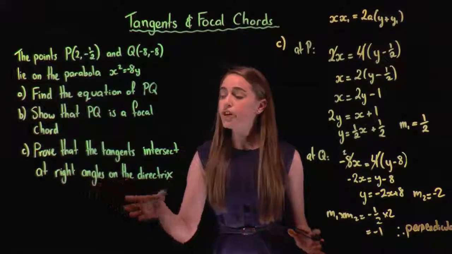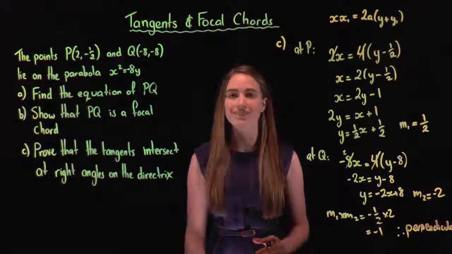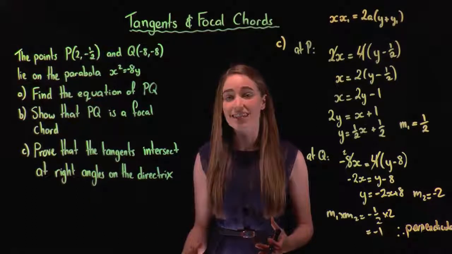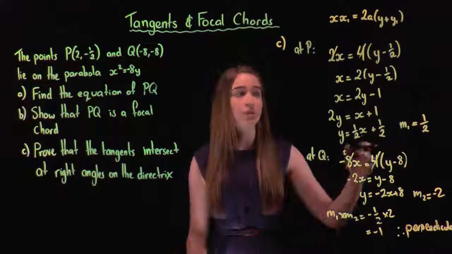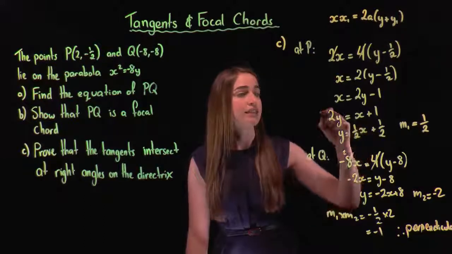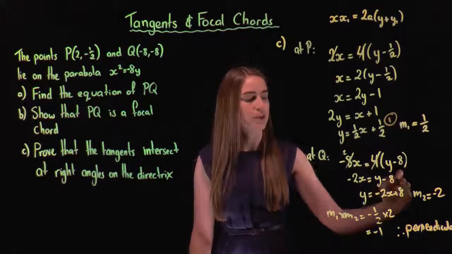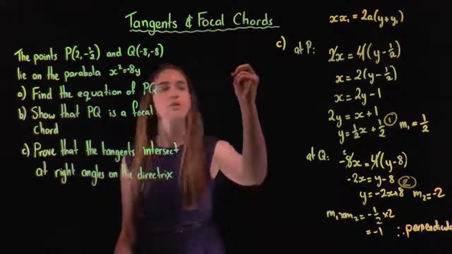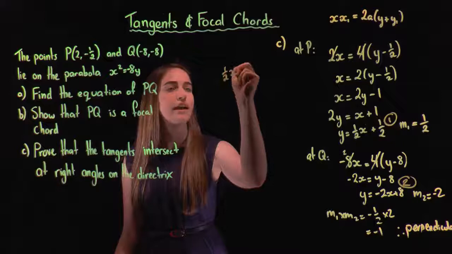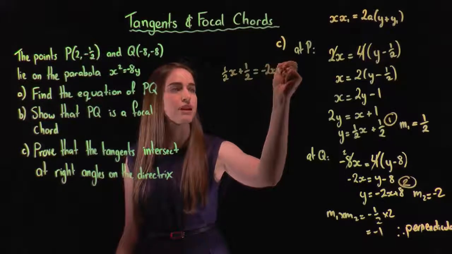Right, so that's proved the first part: they do meet at right angles. But we also need to prove that they intersect on the directrix. To do that, we solve these two equations simultaneously. I'm going to call this one equation 1 and this one equation 2. Now I'm going to sub 1 into 2, so I have 1/2 x + 1/2 = -2x + 8.